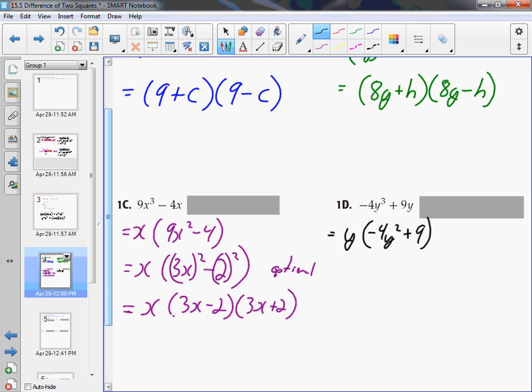Now, I got two ways to fix it. I can either leave that and then just write that, and that'll work, it'll be just fine. Your answer will look different than the answer I'm going to get, but they'll be identical, trust me.